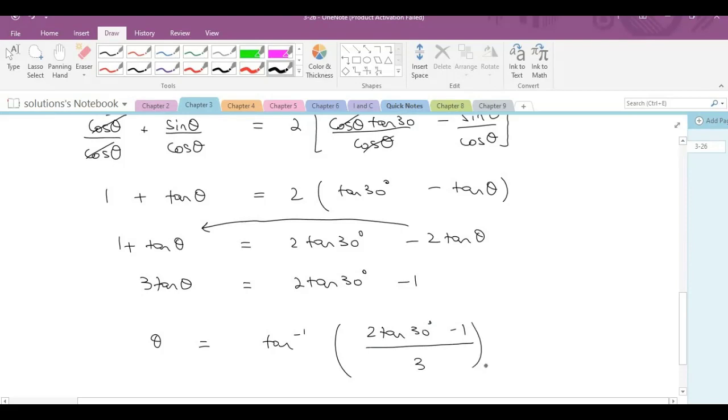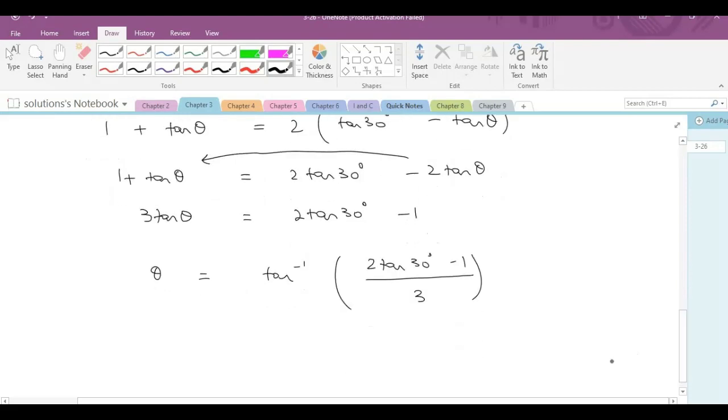So when you solve it, your answer would be 2.952 degrees. So now we have found the value of theta.